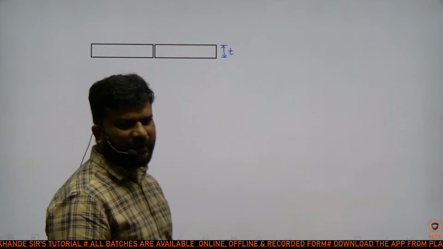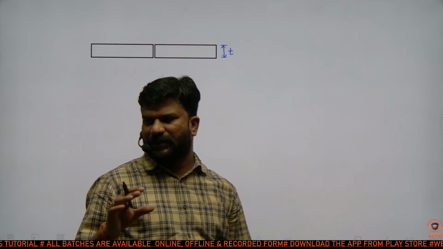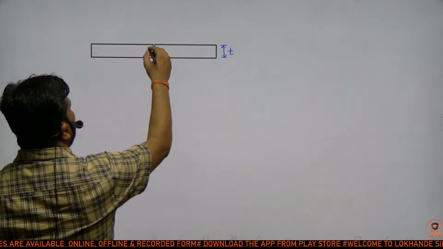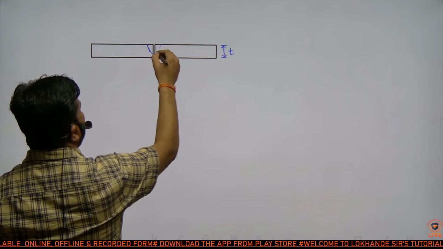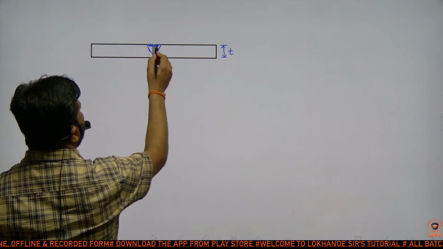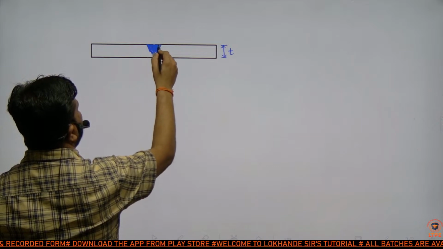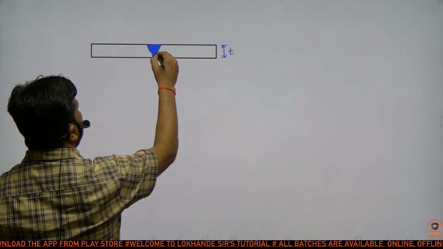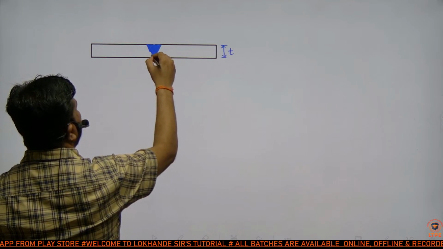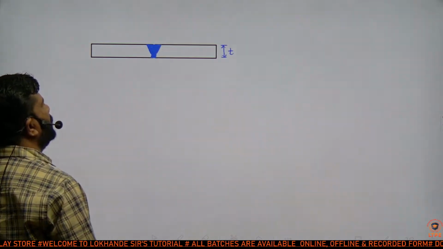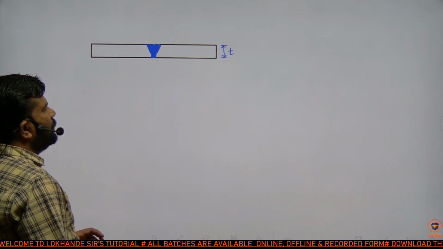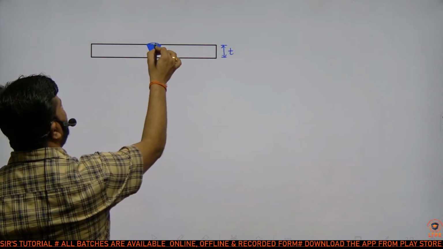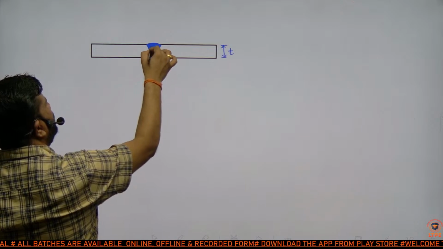In case of lap joint, thickness of plate means S. In case of butt joint, thickness of plate means T. So if I weld by using filler material, the plates are connected end to end, with or without filler material.